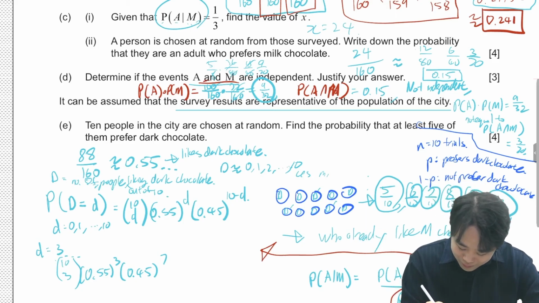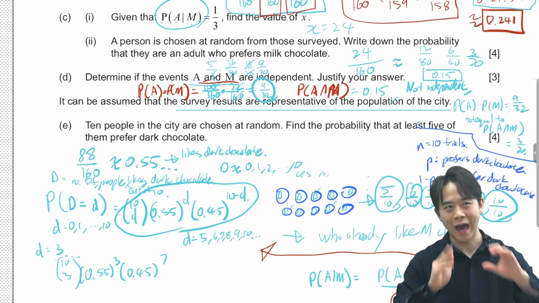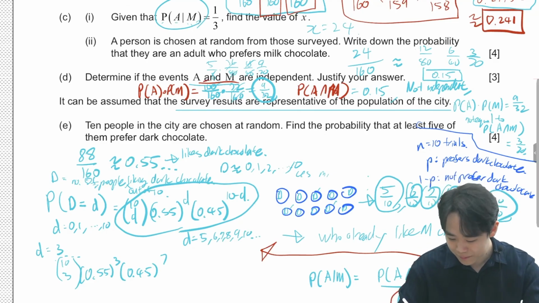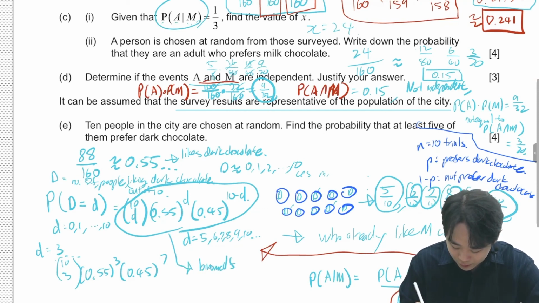Okay, so we would have to do this, but we have to cycle through d equals 5, 6, 7, 8, 9, 10, and we have to add all of those probabilities. But we can achieve this calculation using binomial CDF on our calculators.